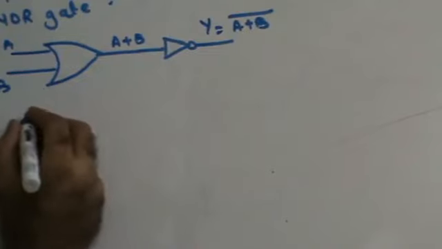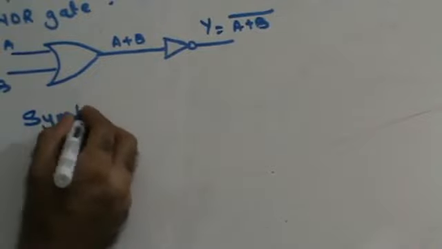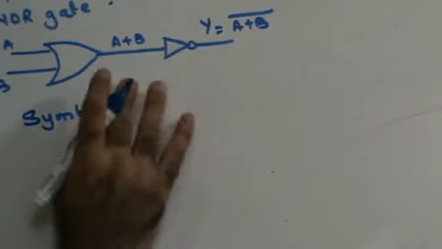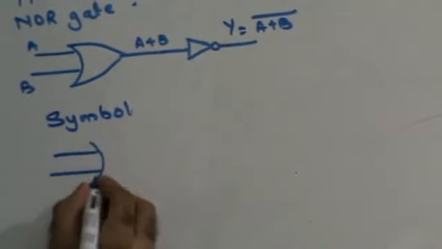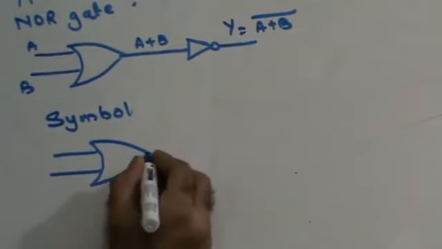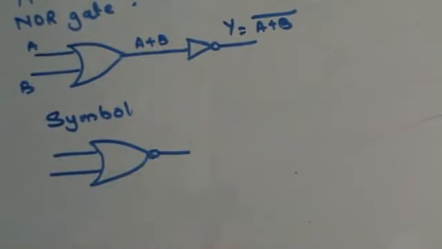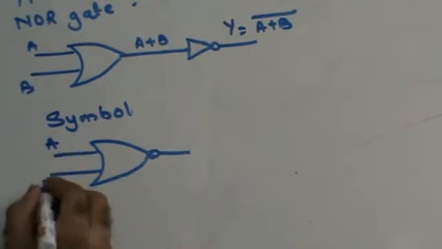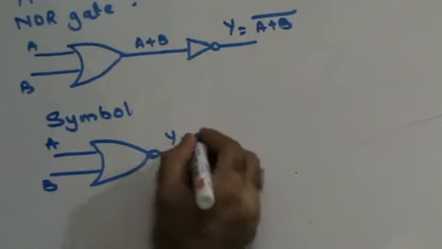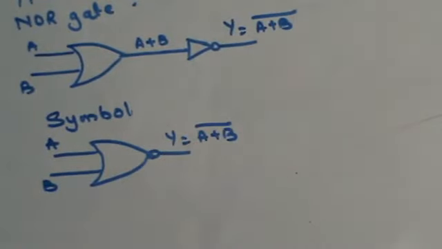Right? Symbol. Your symbol for NOR gate is similar to that of OR gate, except that you have this circle over here. So this is A, B and Y is equal to A NOR B. Right? Now, what is a NOR gate? A NOR gate is an electrical circuit for this.